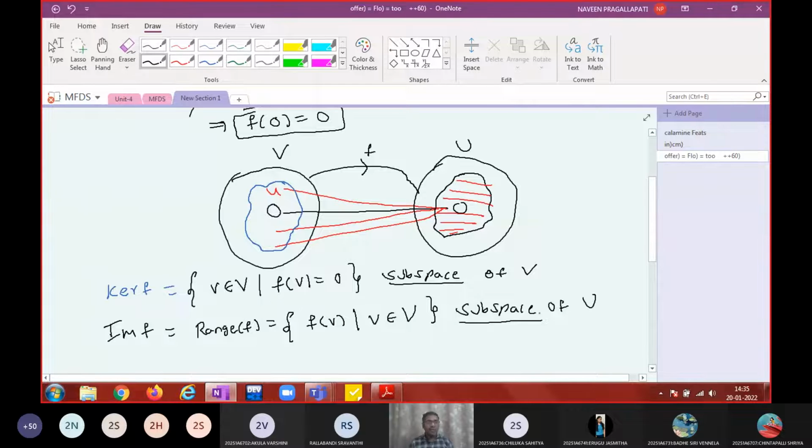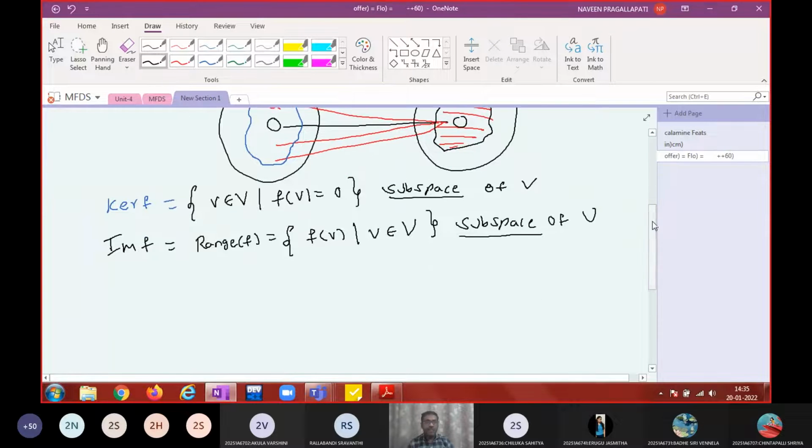So how do you show that kernel f is a subspace? What is the condition to check a given set is a vector subspace or not? If I want to check W is a subspace of V, what is the condition? Do you remember?